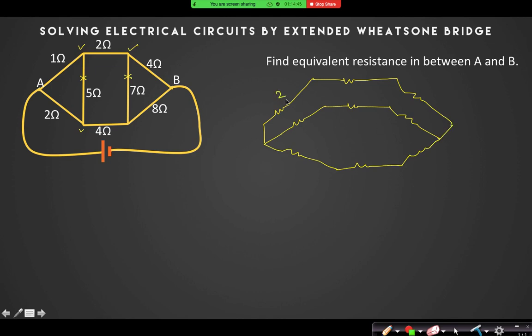Look, this is 2 2 2, 4 4 4, 8 8 8. Can you see that? Yes, sir. So these two are symmetric, these two are symmetric. Basically, Wheatstone bridge is nothing but the application of this horizontal symmetry.